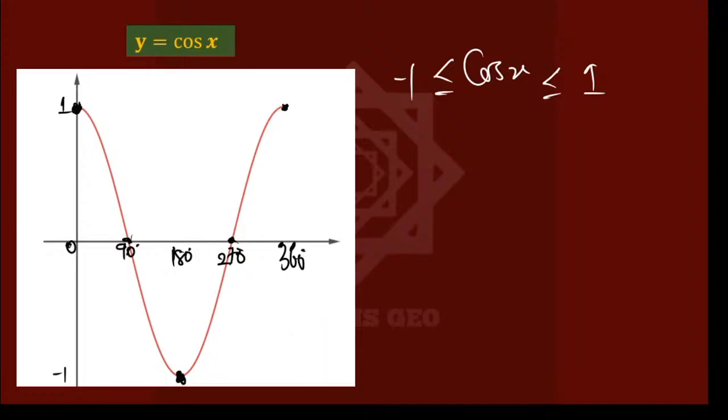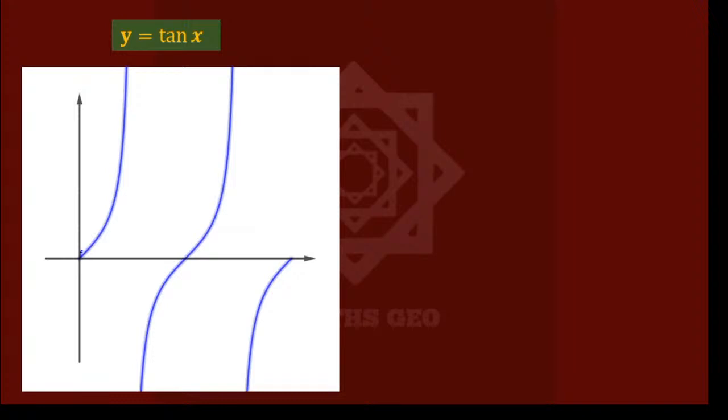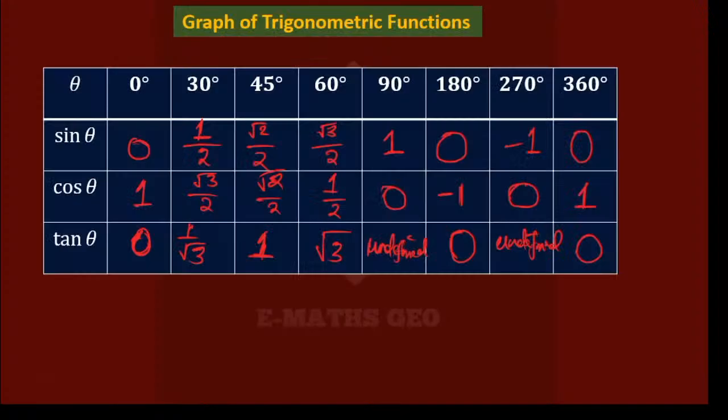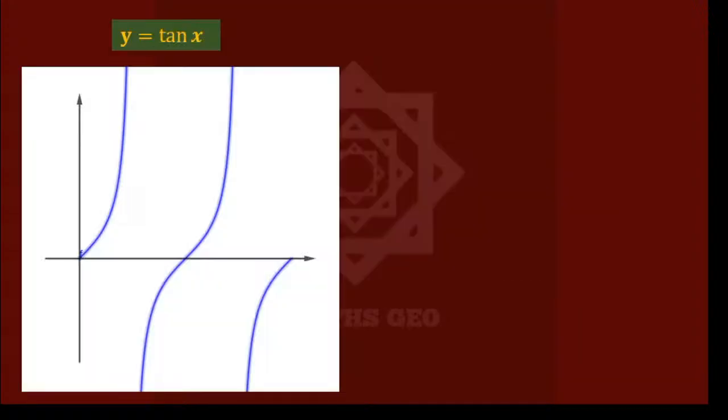Coming to the next one, which is tan. See the graph of tan. If you notice, there is a discontinuity in some places. If you remember, tan 90 and tan 270 are undefined. When something is undefined on a graph, it's called a vertical asymptote.